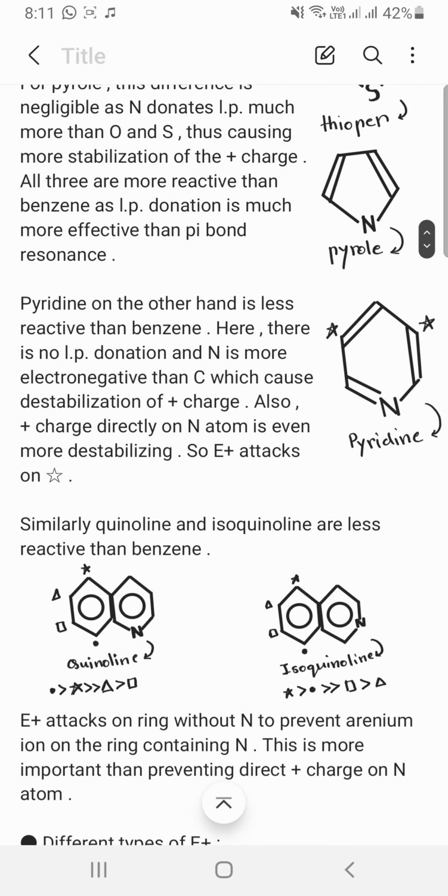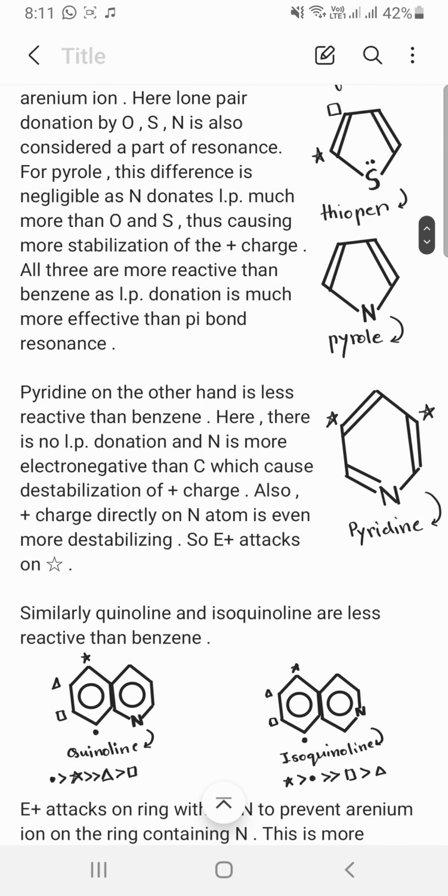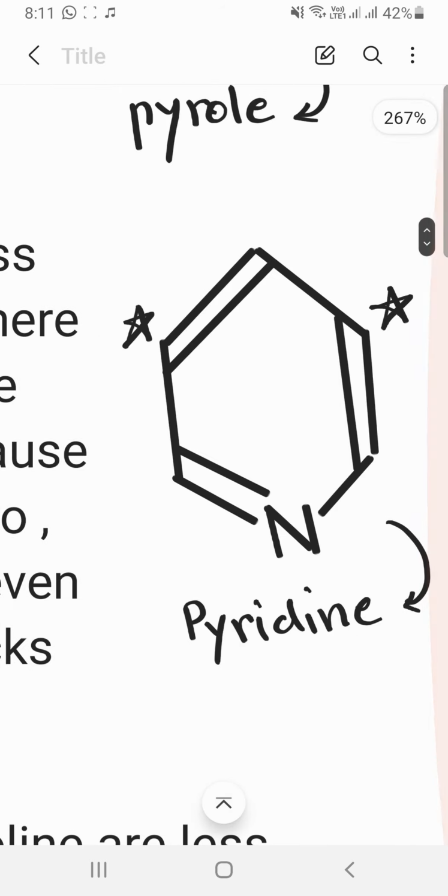So this effect that positive charge on nitrogen is more destabilizing than carbon, it's actually not that correct, because carbon and nitrogen, yeah, like we can say that the negative charge is not exactly on the nitrogen, because first of all the resonance structures as we draw them don't exactly exist, right?